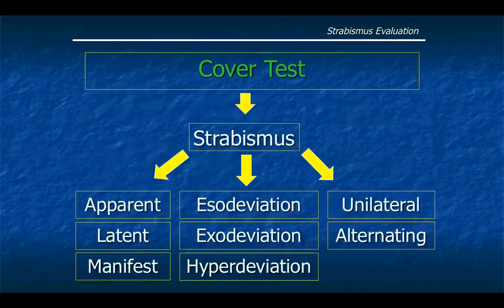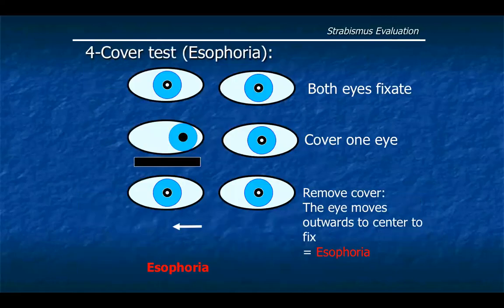So the cover test diagnoses the type of strabismus, whether it's apparent, latent, or manifest. The next step will diagnose if the strabismus is an esodeviation, an exodeviation, or a hyperdeviation. For example, if the patient has esophoria or latent convergent strabismus, in the upper picture, both eyes are straight or fixating.